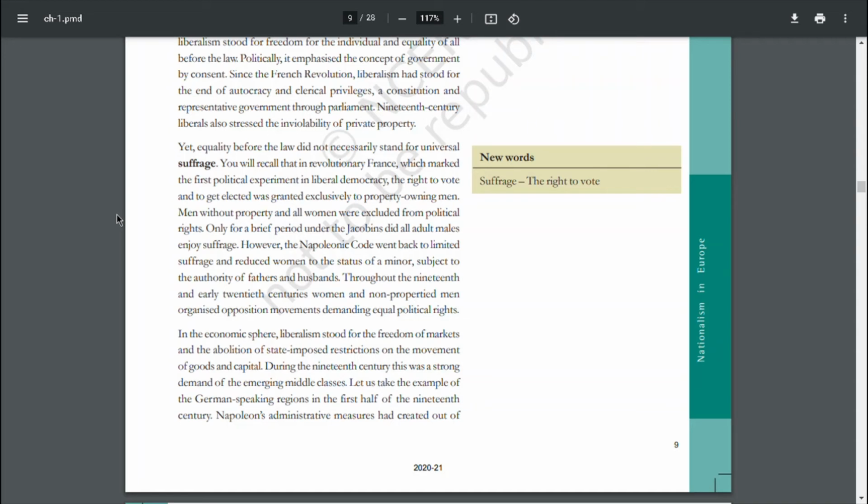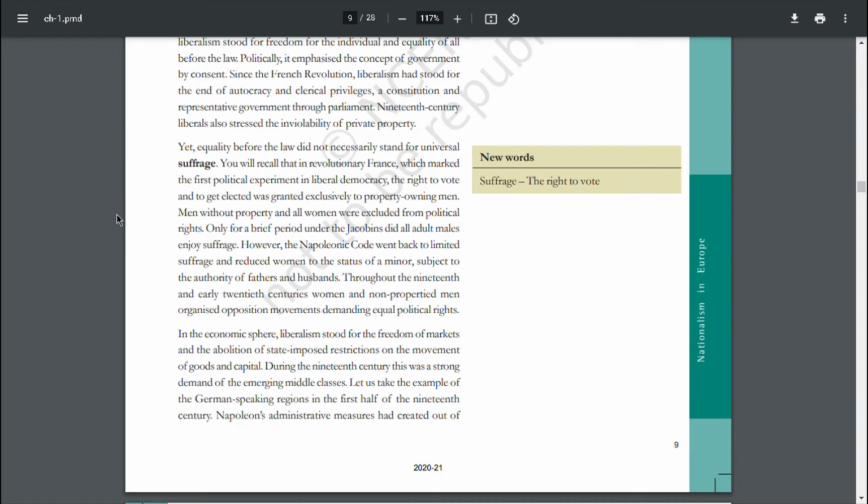You will recall that in revolutionary France, which marked the first political experiment in liberal democracy, the right to vote and to get elected was granted exclusively to property-owning men. Men without property and all women were excluded from political rights. Only for a brief period under the Jacobins did all adult males enjoy suffrage.